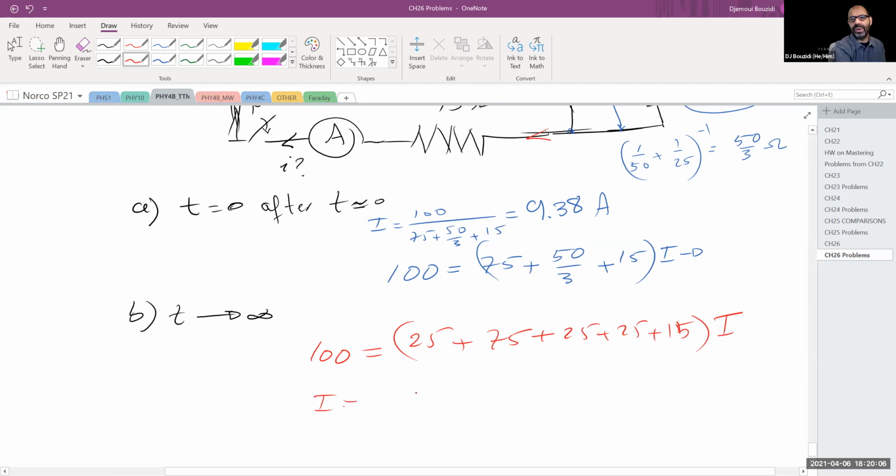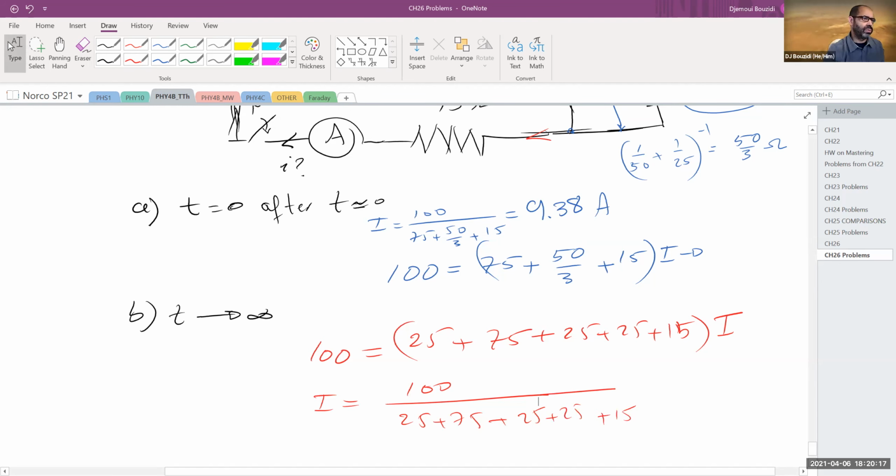So the current now is equal to 100 divided by 25 plus 75 plus 25 plus 25 plus 15. And this is the current. So I'm going to do this one a little bit in here. So what we're saying in here is 100 divided by open parentheses, I have 25 plus 75. When in doubt, always write things explicitly.